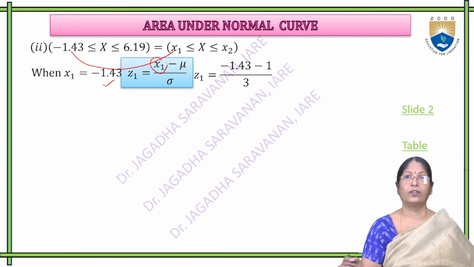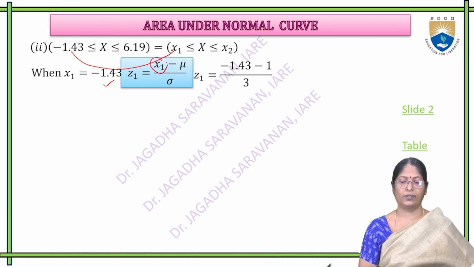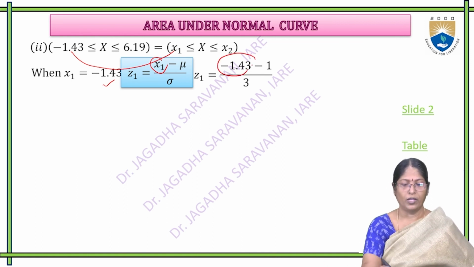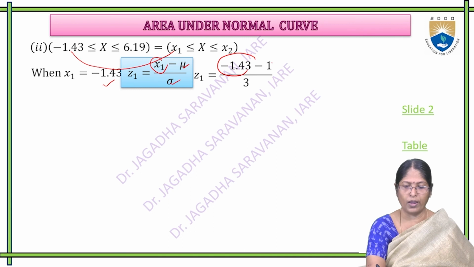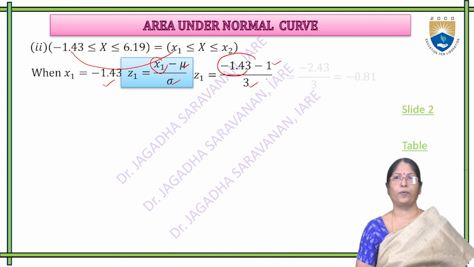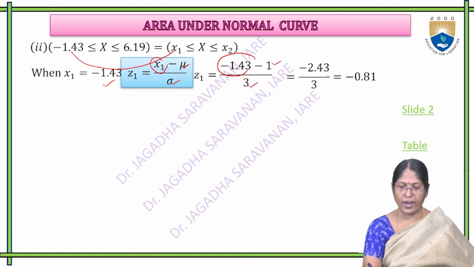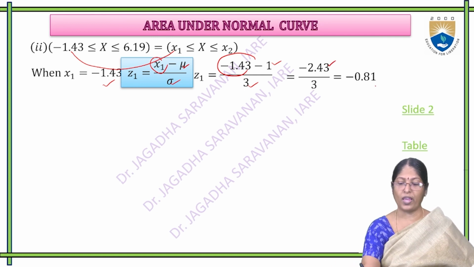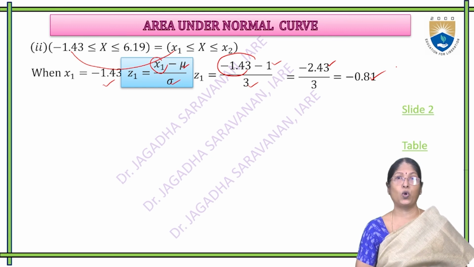The x1 value is minus 1.43. The mu and sigma are 1 and 3. So minus 2.43 divided by 3 is equal to minus 0.81.